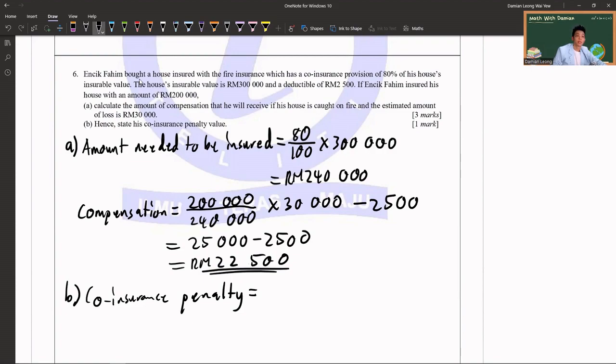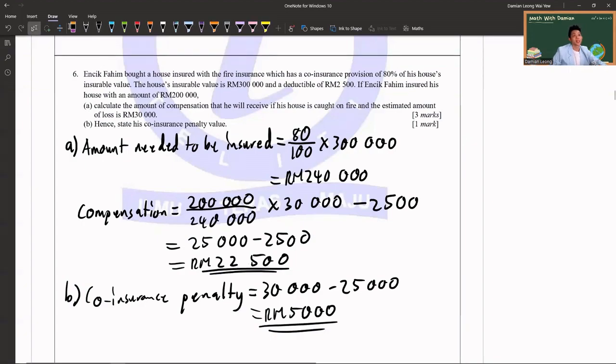Means the difference between 30,000 and 25,000, which is 5,000 ringgit. Okay, that's the co-insurance penalty. Because he did not insure enough, he loses out on the 5,000 ringgit compensation that he should have gotten. So that would be the penalty.